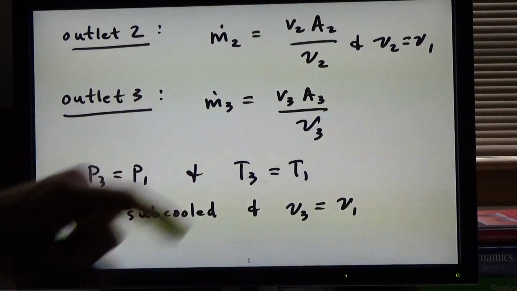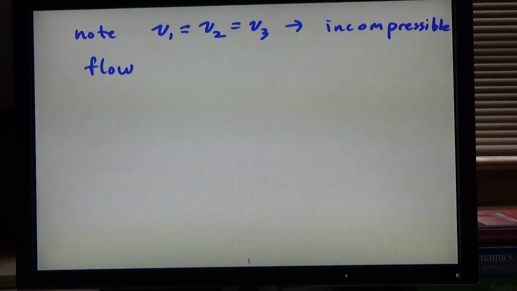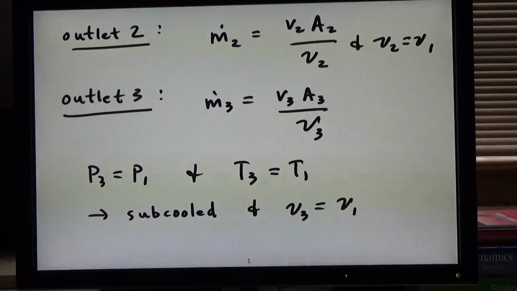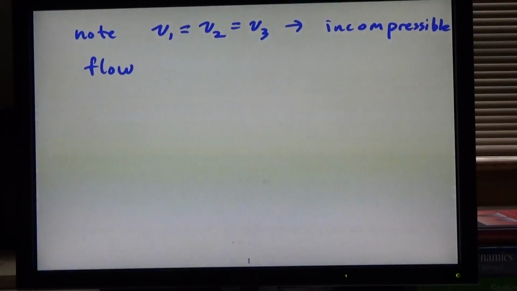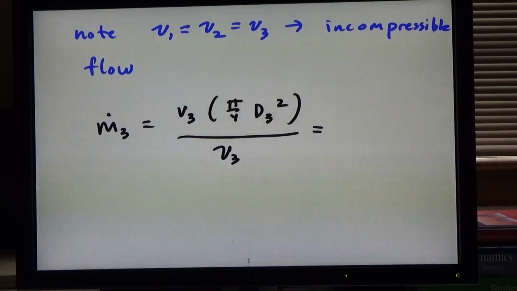Let's continue with solving for the mass flow rate at state 3, or outlet 3. Since v3 is known, the same as v1, we can just plug it into this equation. Mass flow rate 3 is velocity 3 times the area, which is pi over 4 d3 squared, divided by specific volume 3. All of these numbers are known, and we already did the unit checks with mass flow rate 1, so no need to worry about the units here.